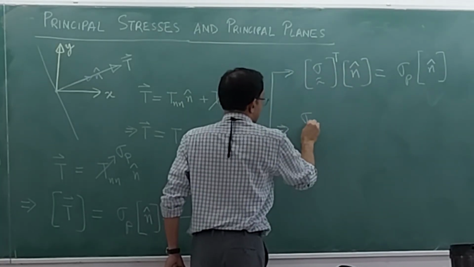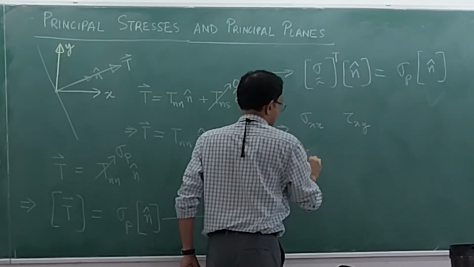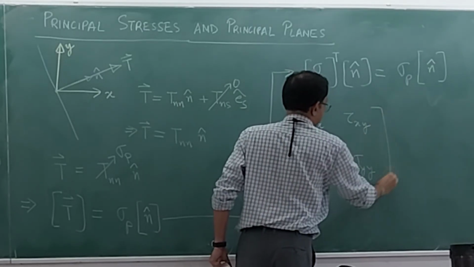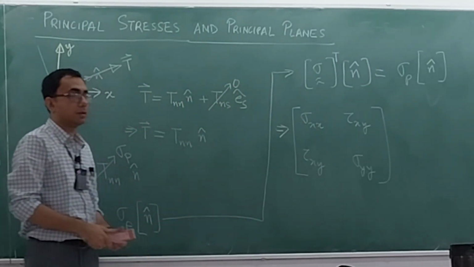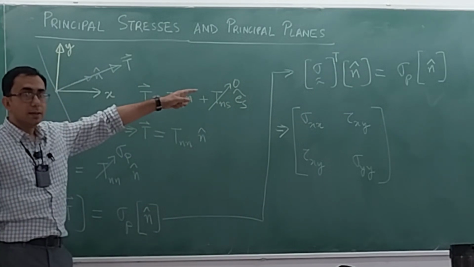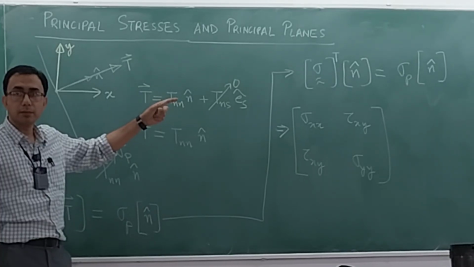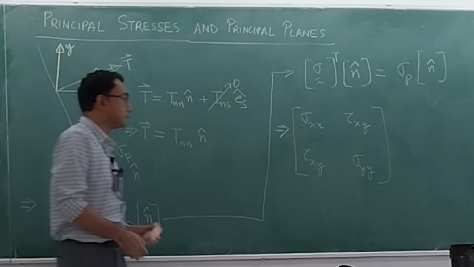Now sigma xx, tau xy, sigma yy. The n decomposed into nx and ny, we have already seen, is nx equal to cos theta and ny equal to sin theta.